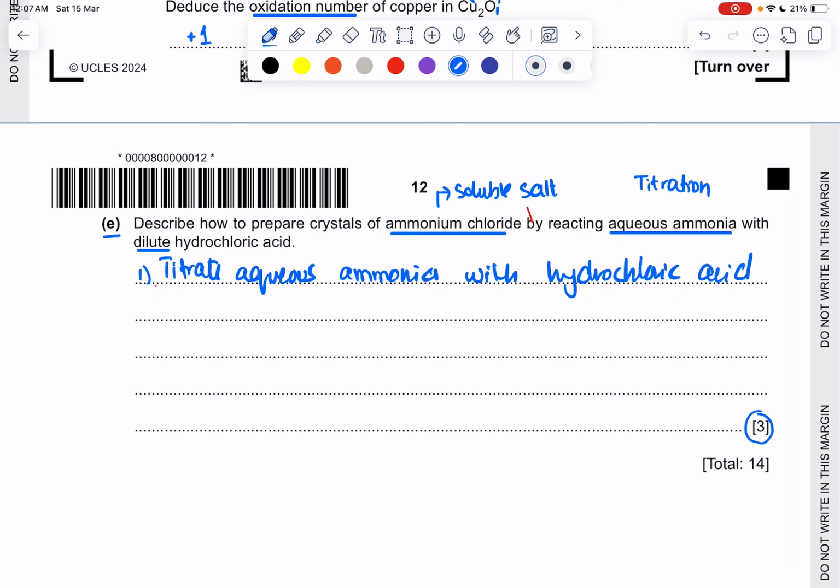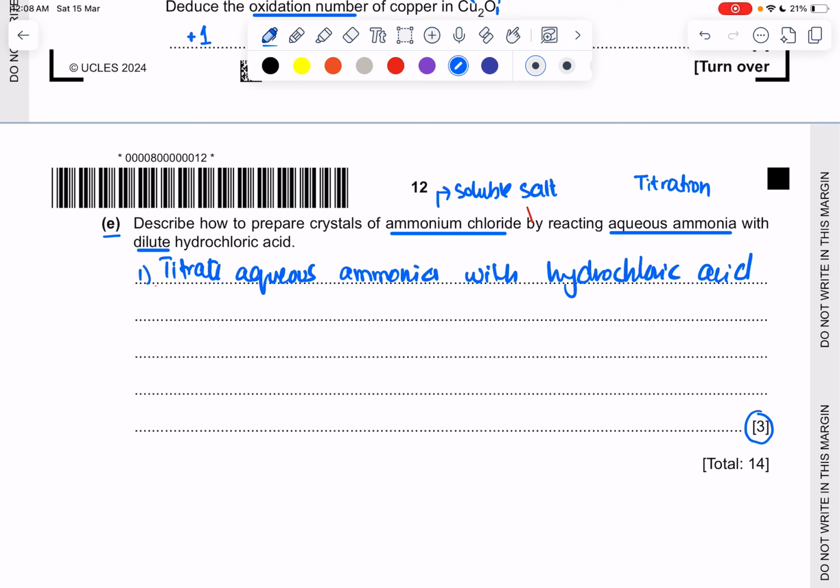And then we don't need to mention the other details related to the hydrochloric acid or the ammonia, that we have to take one in the burette, one in the conical flask, add the indicator and the color change, stop the titration, note down the burette reading, because we have been given a very small space.